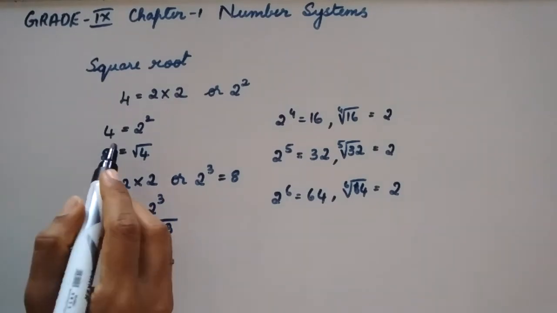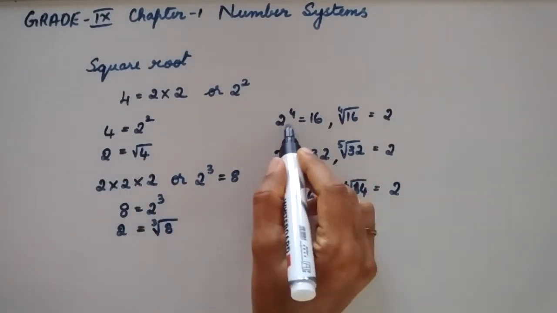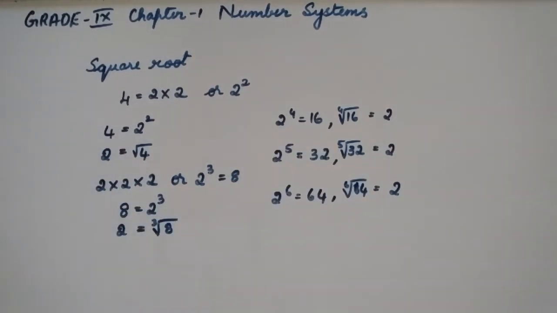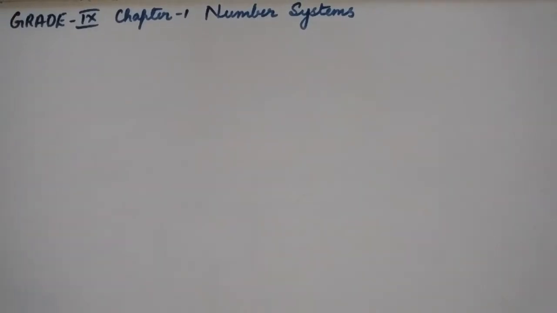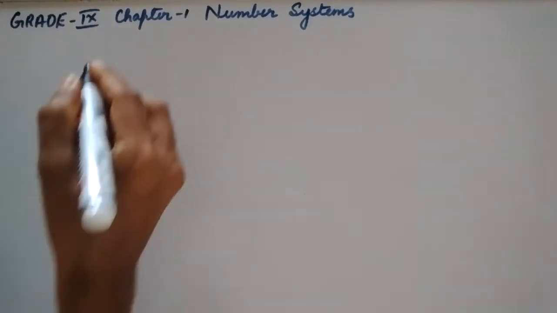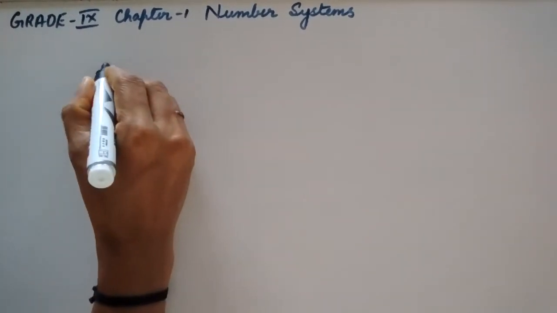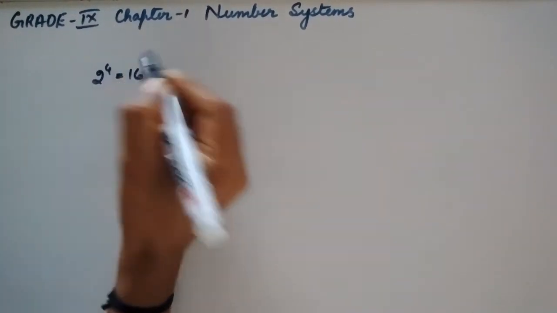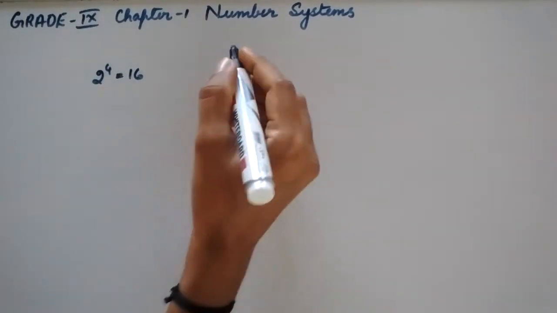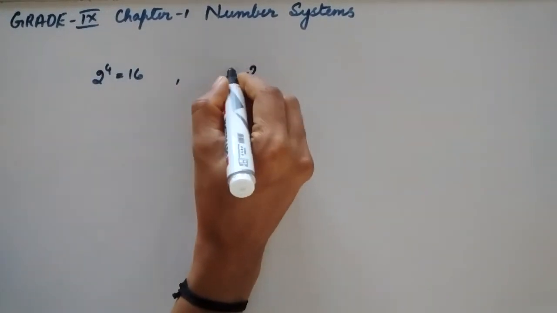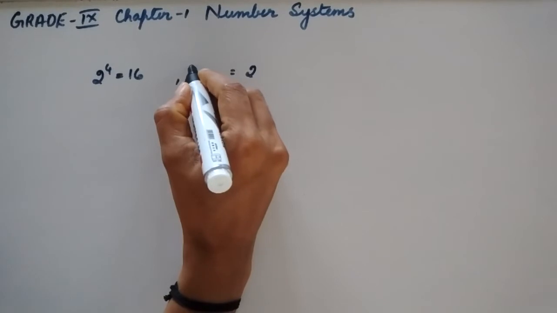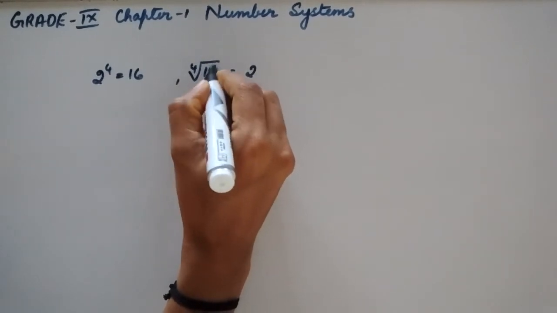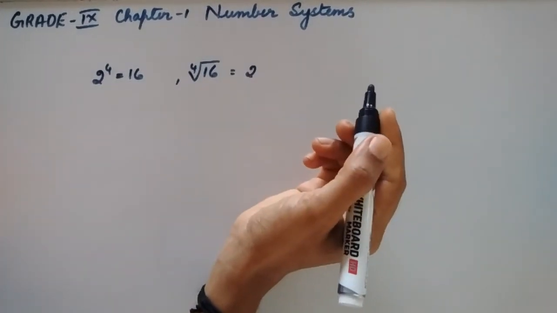Now I told you 2 to the power 4 is equal to 16. Just understand, students. So in general, I take an example like 2 to the power 4 is equal to 16. So here 2 is equal to the fourth root of 16, isn't it? Yes.